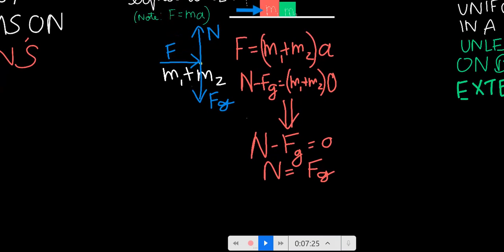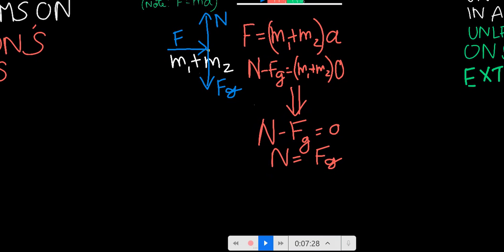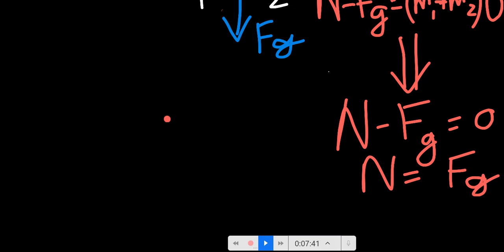Well, in that case, the question has given us a problem with just one system. So we can draw a point for m1 alone, and we can draw the forces on m1.